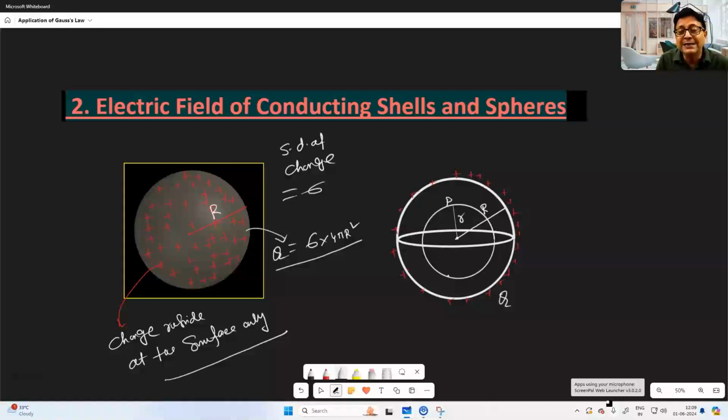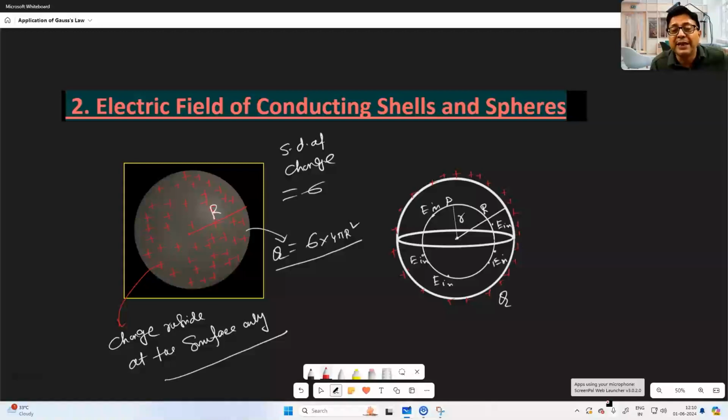So strength of electric field at every point on this imaginary sphere, because spherical symmetry is there, is E in. But E in will be 0 inside. Why? Because the Gaussian surface encloses no charge. Charge resides on the surface only.